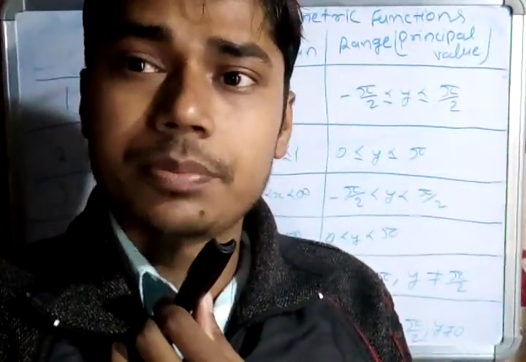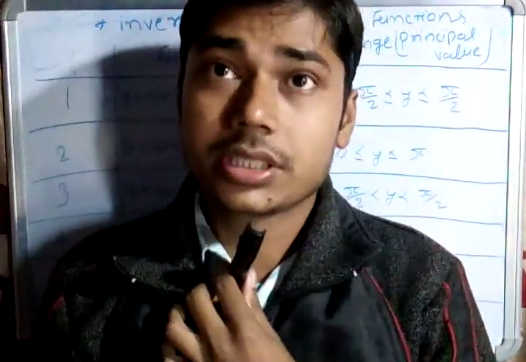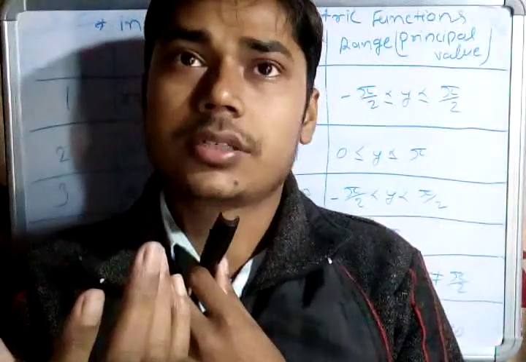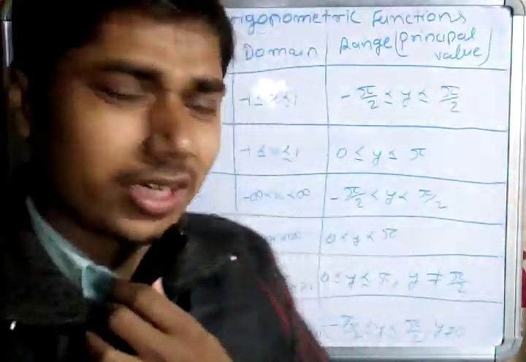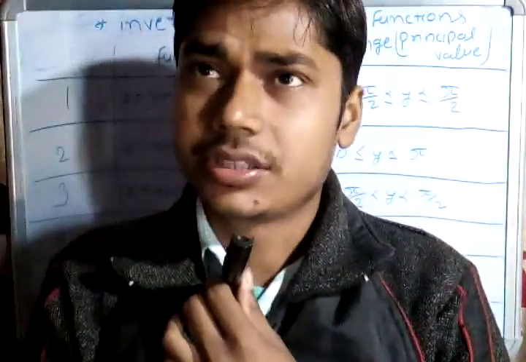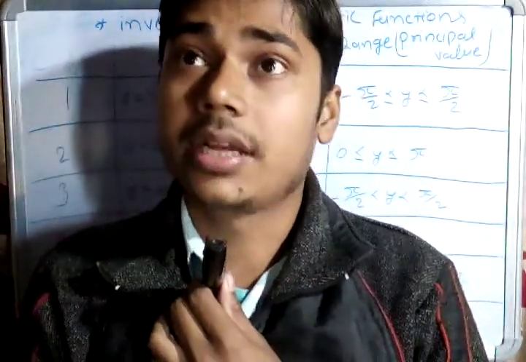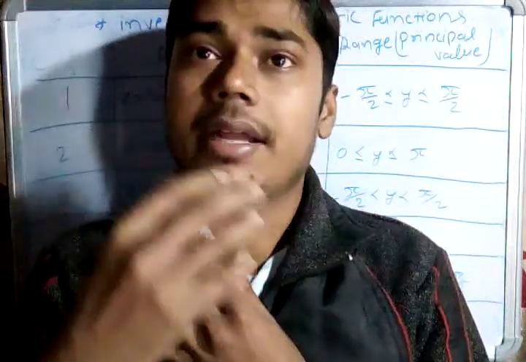Here we come to the point, the inverse trigonometry function, the derivative of the inverse trigonometry function. We recall the definition of the inverse trigonometry function, the calculus function, and their domains and range.